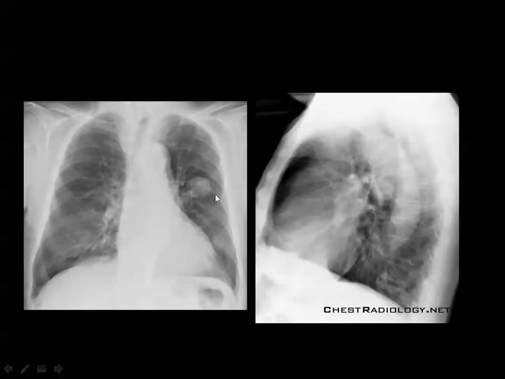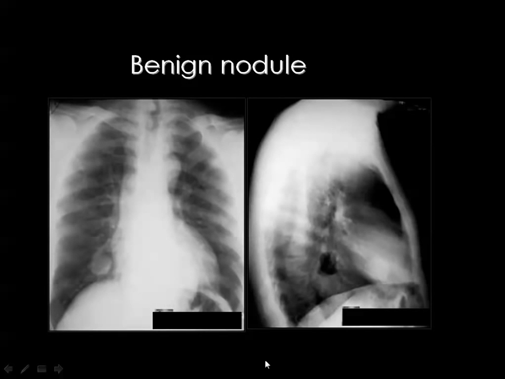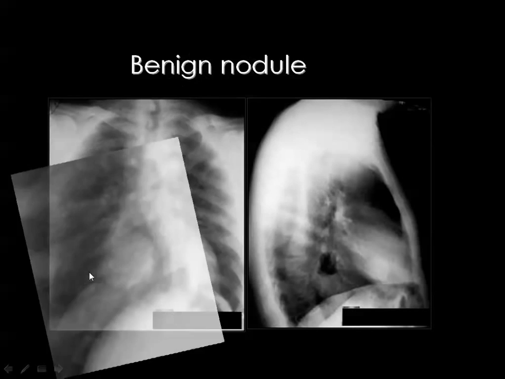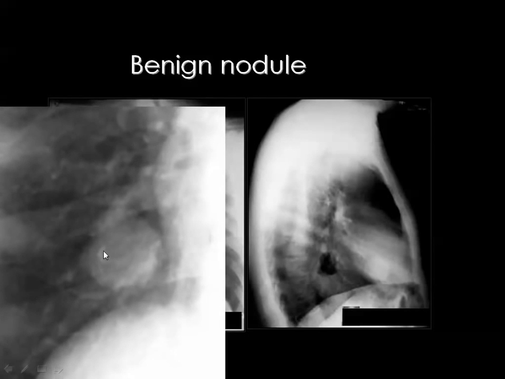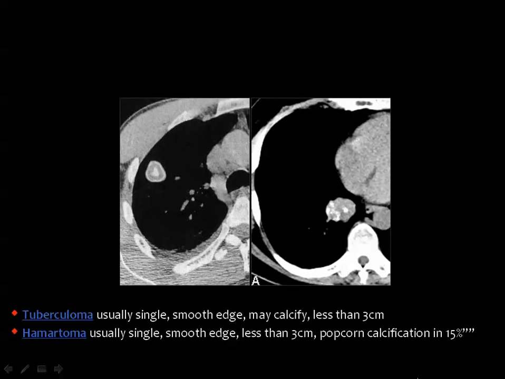You see this is a nodule with a smooth margin containing some flecks of calcification. Then you think of a benign lesion which may represent a tuberculoma or hamartoma. This is also another nodule in the right lung base, and this nodule contains foci of calcium with a smooth edge, and you think of a tuberculoma or hamartoma.